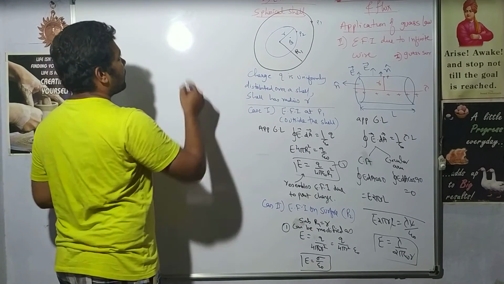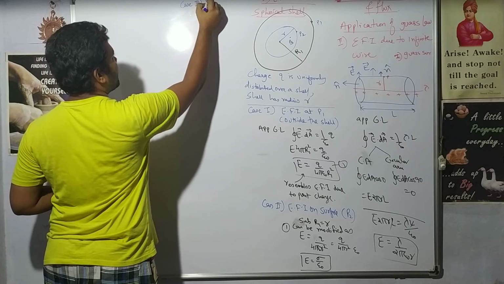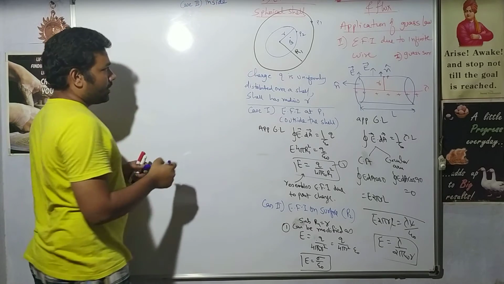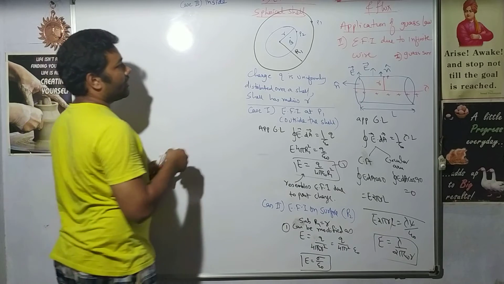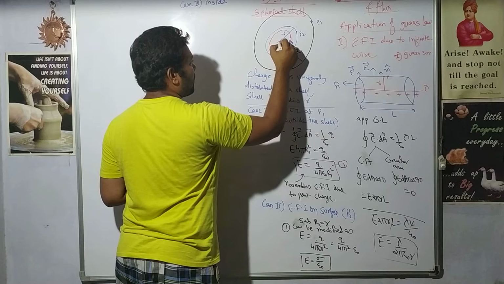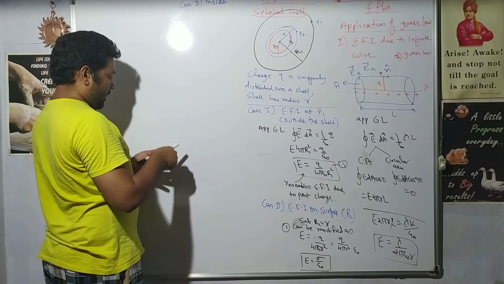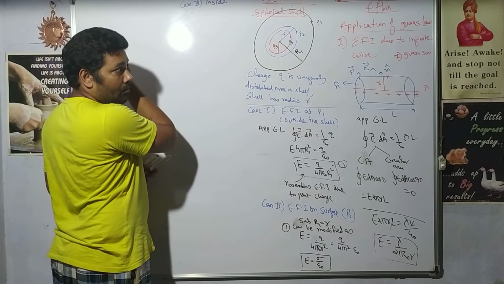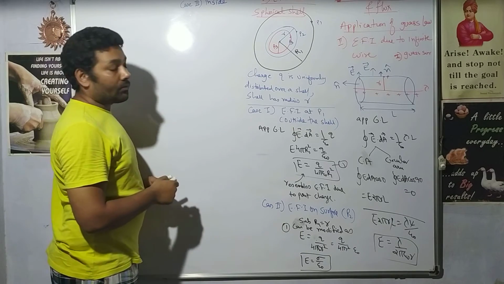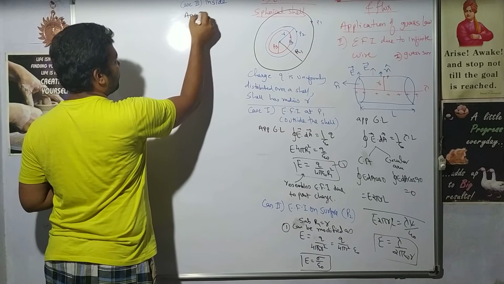Next case which we are going to discuss is case 3, that is inside. To calculate electric field intensity inside, that is at a point P3, I draw a Gaussian surface of radius R3 and then apply Gauss theorem.